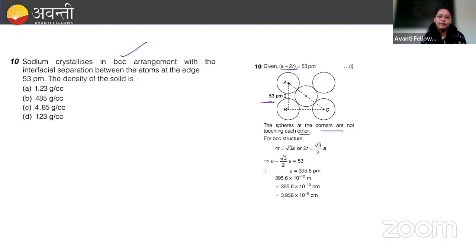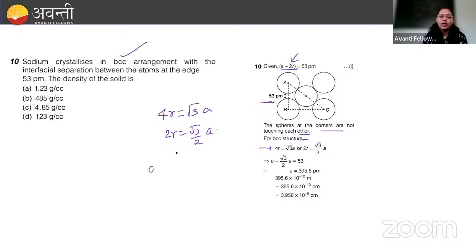Edge length means what? A minus 2R is 53. In a BCC structure we know the relation between radius and edge length: 4R is equal to root 3 A. So you can convert it into 2R is equal to root 3 by 2 A, just dividing by 2. So we put the value of 2R here.